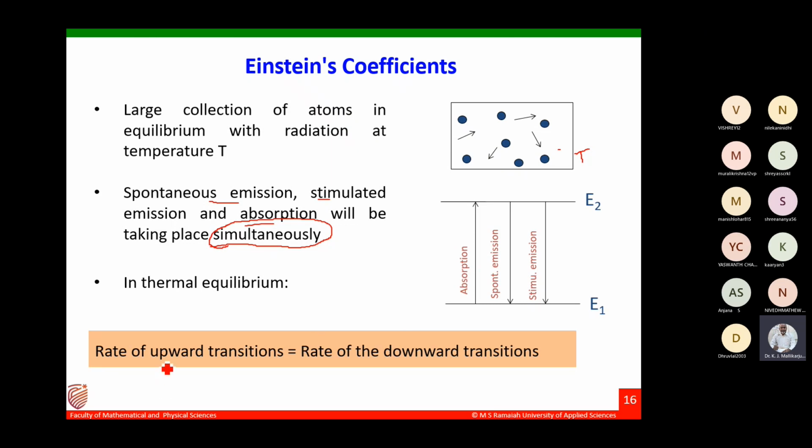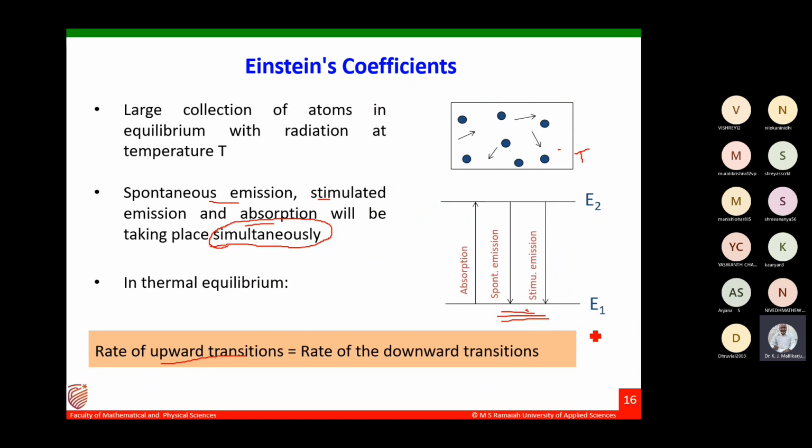The rate of upward transition should be equivalent to the rate of downward transition, because all three processes happen simultaneously and our energy level system should follow the Maxwell-Boltzmann distribution.